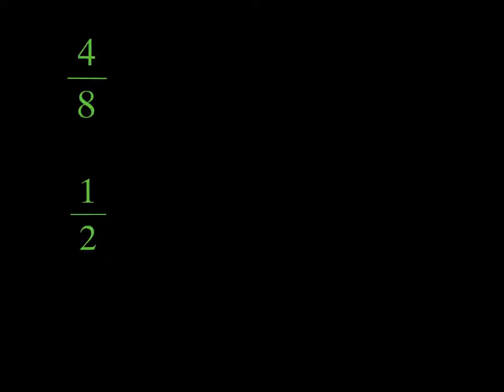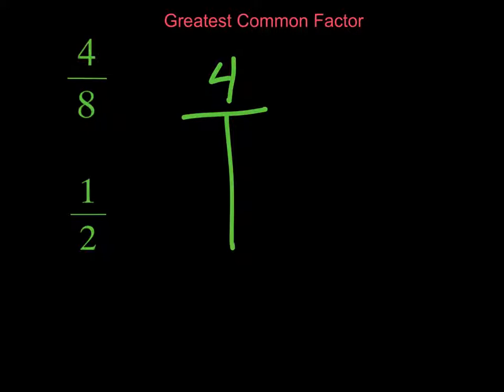Now how do we go from 4/8 directly down to 1/2? Well, in order to do that, we have to find the greatest common factor of both the numerator and the denominator. So in order to do that, I'm going to write both of my numbers, both my numerator and my denominator, next to each other.